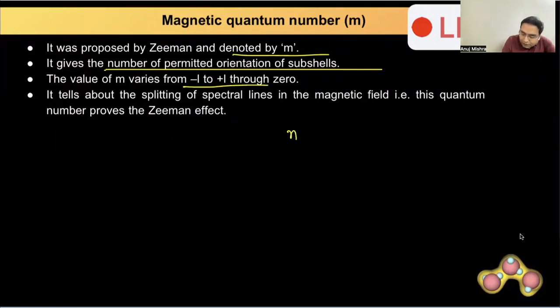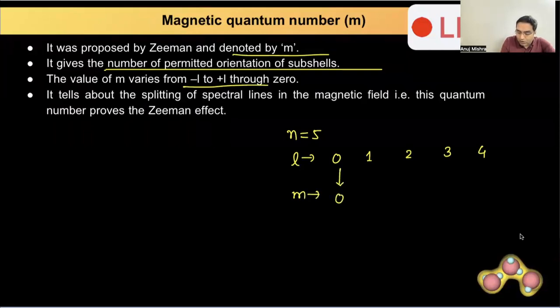So if you say n is 5, L can be 0, 1, 2, 3. Clear? M can be 0. How about 1? So the value of m can be minus L to plus L. That is minus 1, 0, plus 1. How about value of 2?